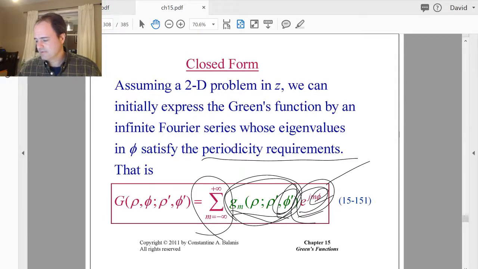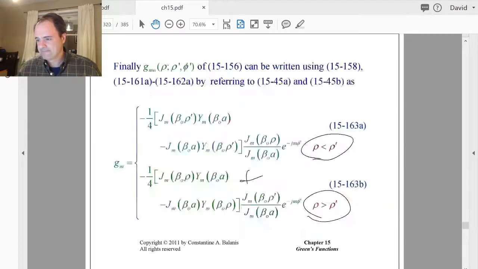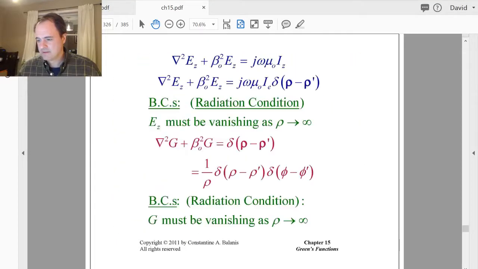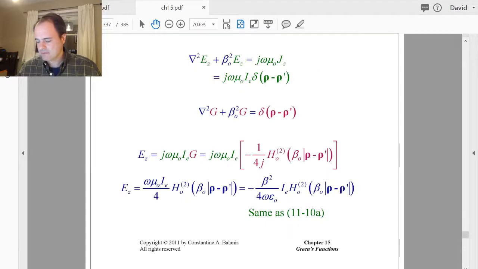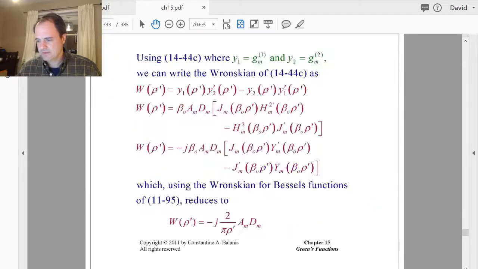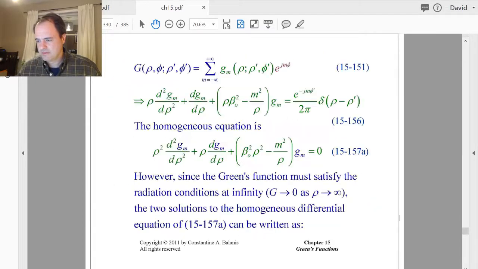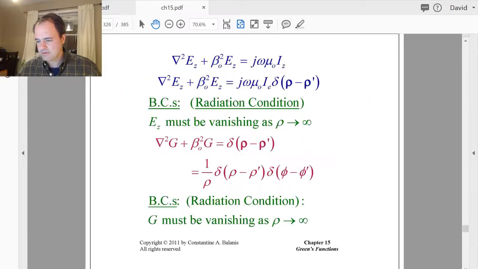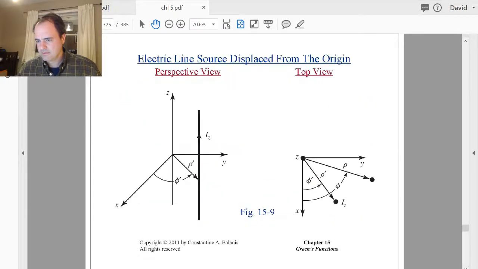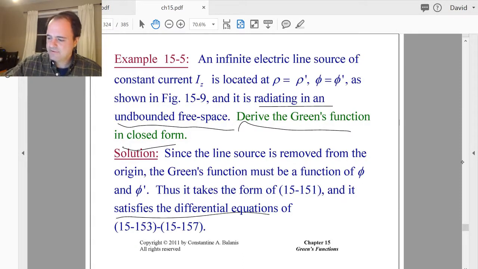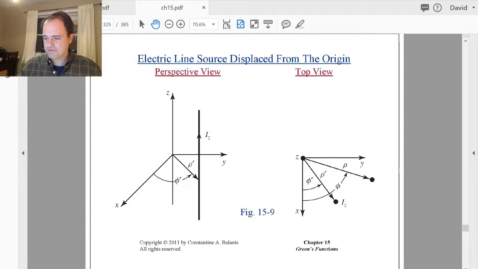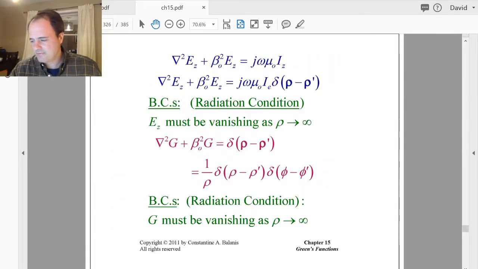Here's our phi dependence. And it satisfies the differential equation of this right here. All right. So this is what we have.